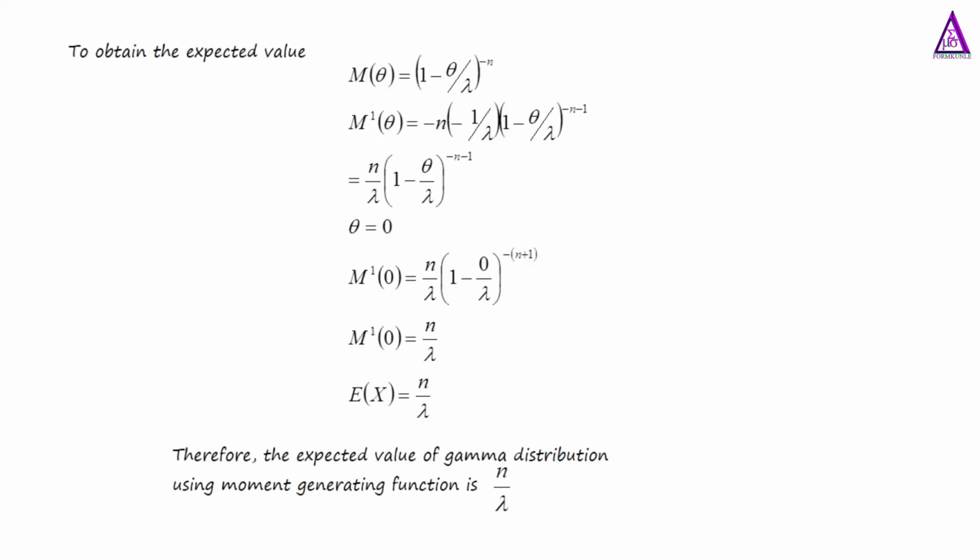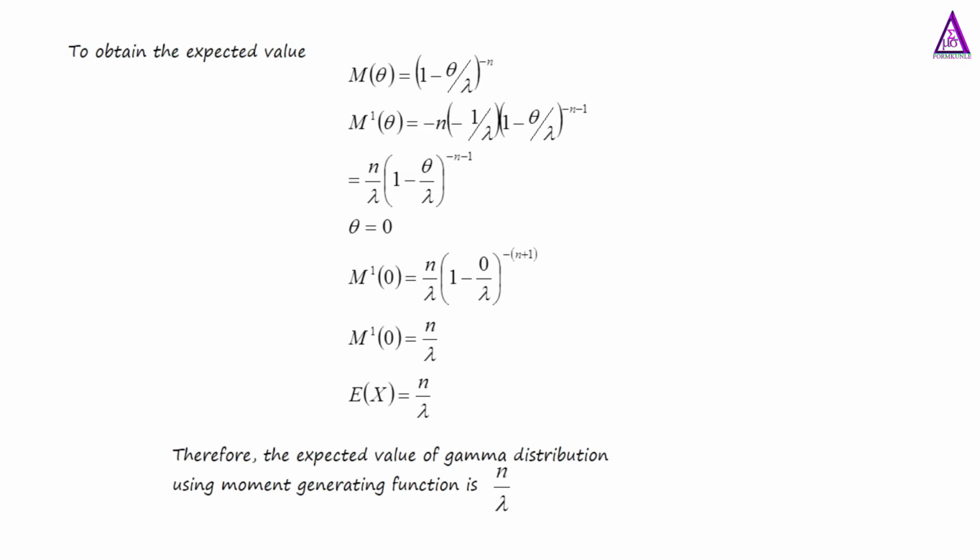To obtain the expected value of the gamma distribution using the moment generating function, we need to differentiate the moment generating function we obtained. When we differentiate it, we have negative n times (negative 1 over lambda) times (1 minus theta divided by lambda) raised to the power minus n minus 1.